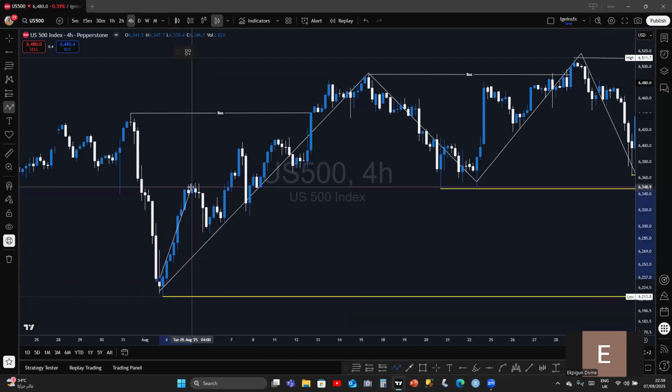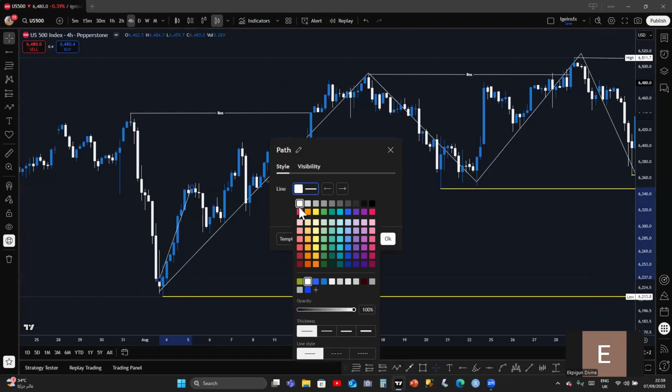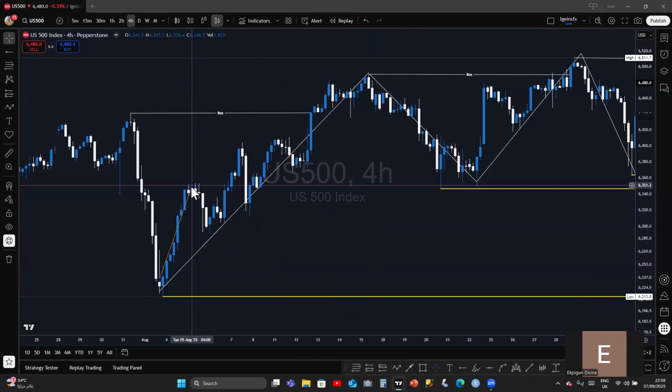I need to change the color. Let me put this one so that you understand what I am saying. This is an internal structure.